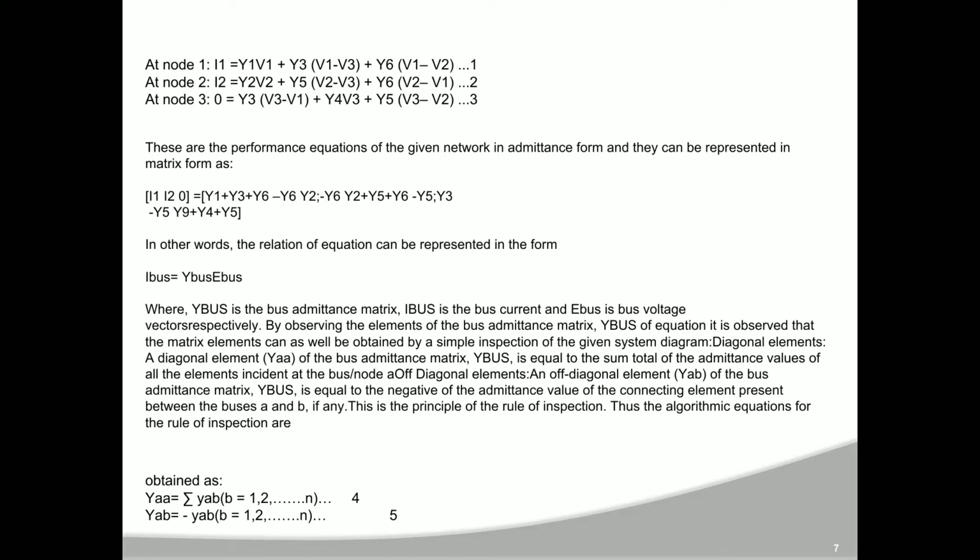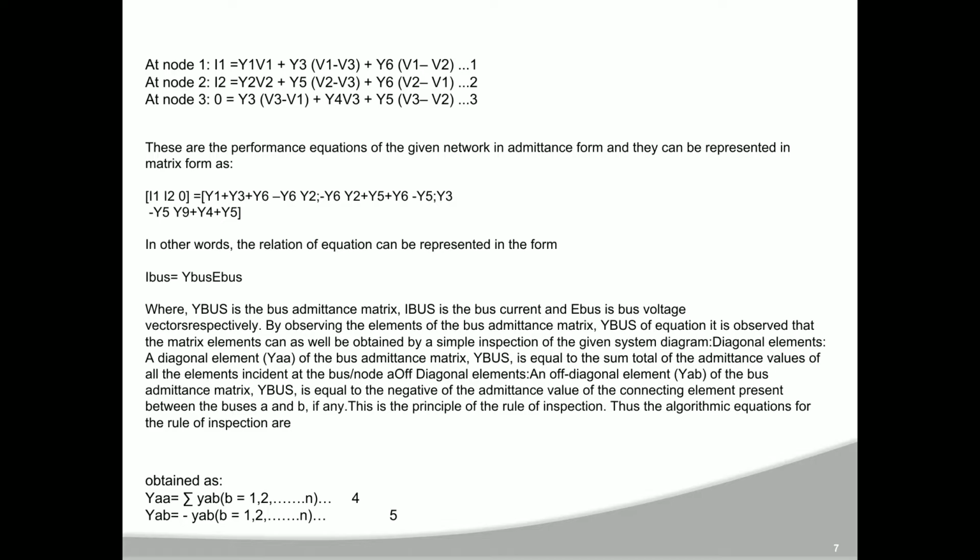Diagonal elements: a diagonal element YAA of the bus admittance matrix Y bus is equal to the sum total of the admittance values of all elements incident at the bus node. Off-diagonal elements: an off-diagonal element YAB of the bus admittance matrix Y bus is equal to the negative of the admittance value of the connecting element present between buses A and B, if any.